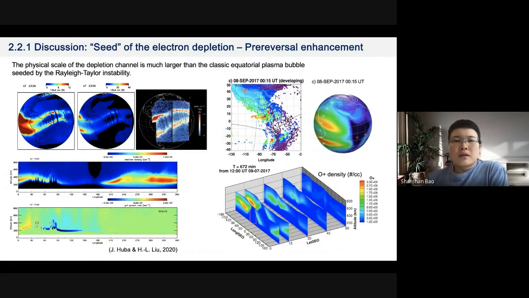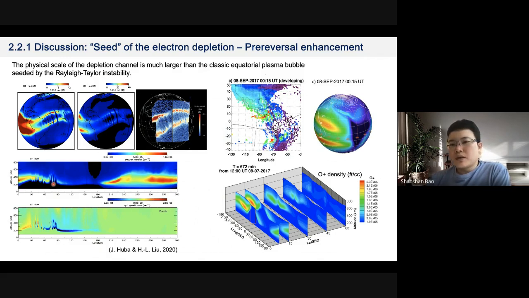Actually, the seeding of it is under debate. Previously, when people reported this phenomenon, they called it equatorial plasma bubble. The bubble is basically generated by Rayleigh-Taylor instability. Here is a famous paper from Joe Huba and Hanli Liu, where they use a semi-3D vacuum max simulation to simulate equatorial plasma bubble generation.